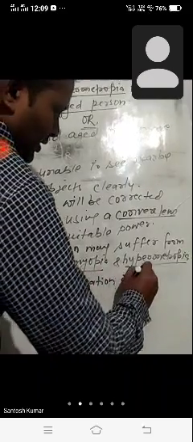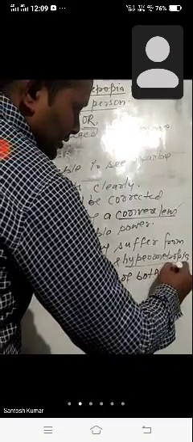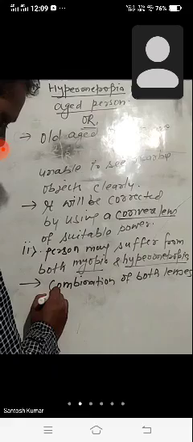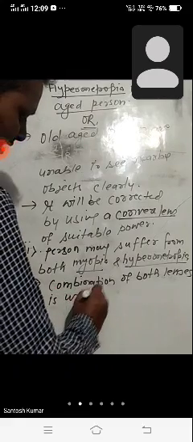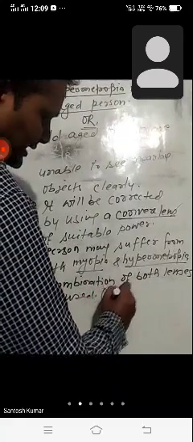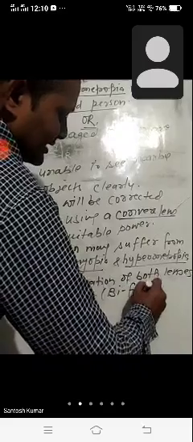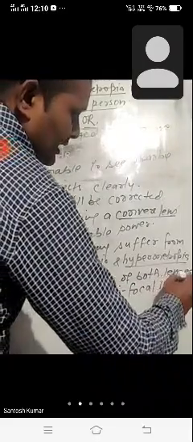Combination of both lenses is used. This is what we call a bifocal lens. Bifocal means two, so the bifocal lens has a combination of concave as well as convex.